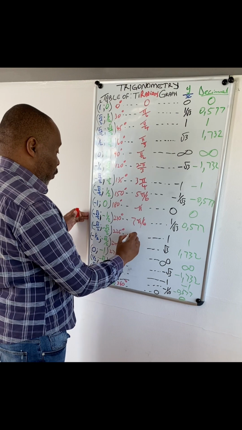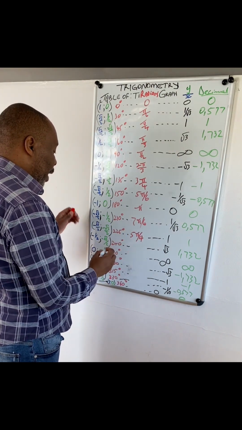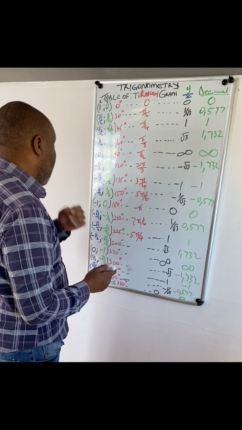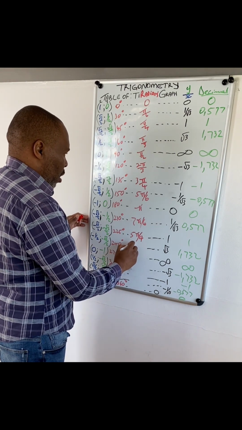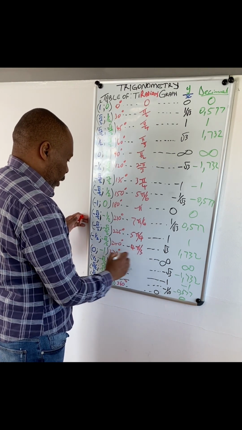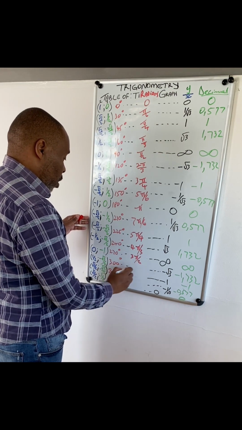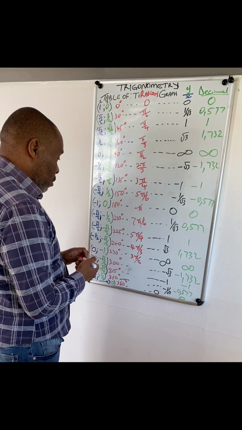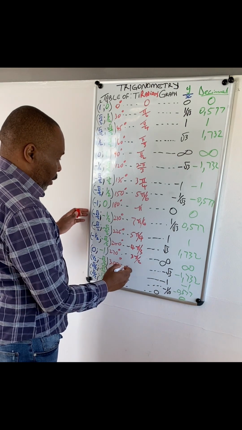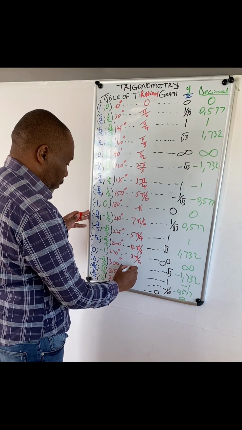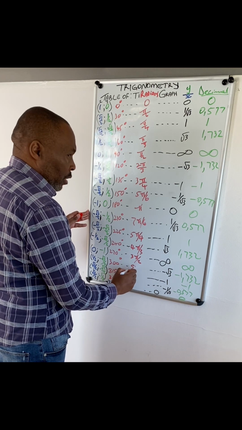is 5 pi over 4, and 240 becomes 4 pi over 3, 270 is 3 pi over 2, 300 is 5 pi over 3. Is it 5 pi over 3?